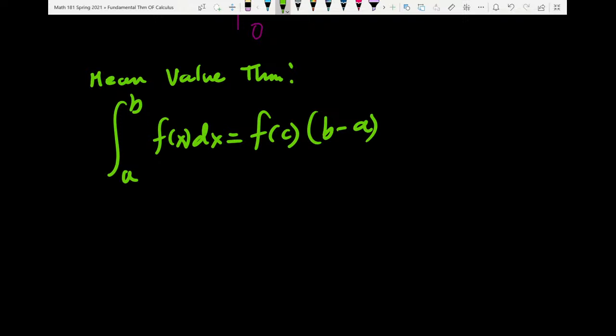What it says is that if we look at a closed interval from a to b, we can find a number c inside that interval such that f(c) times (b minus a) will be the definite integral of that function from a to b. That's all.